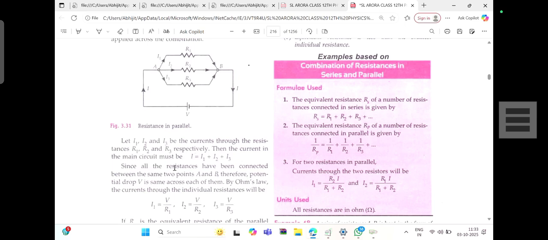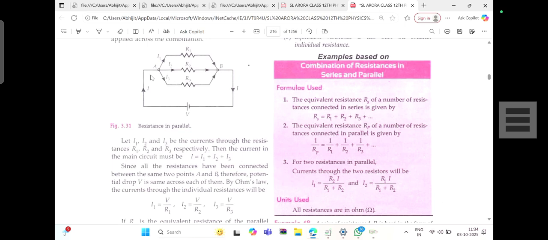Since all the resistances have been connected between the same two points A and B, the potential drop V is the same across each of them, as I discussed earlier.